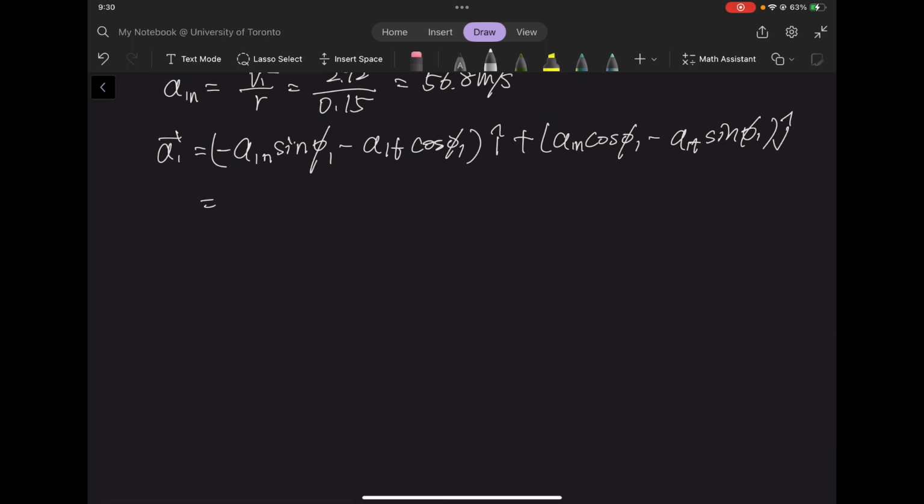After we solve this equation, we got 31.9 i plus 47 j meters per second squared.